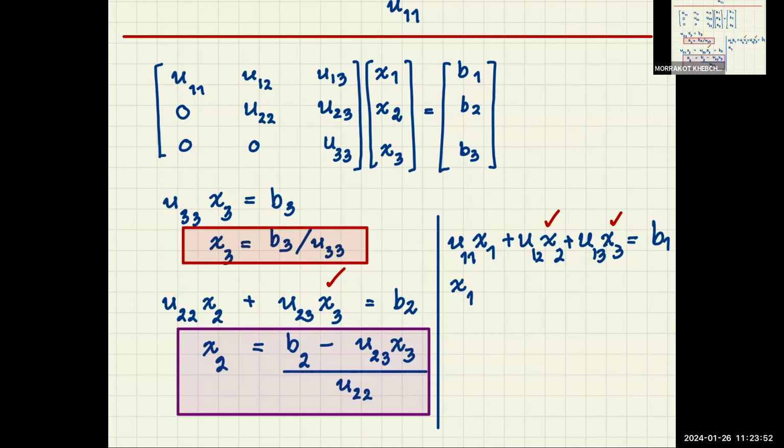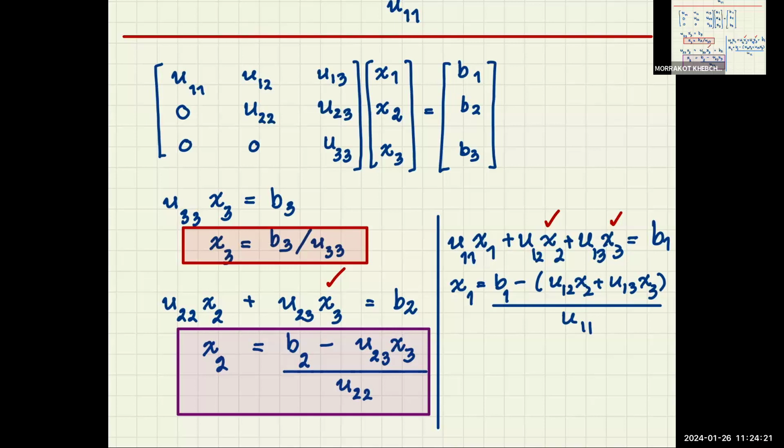So I will move these two terms to the right, okay? So you will get b1 minus (u12 x2 plus u13 x3) divided by u11. Okay.